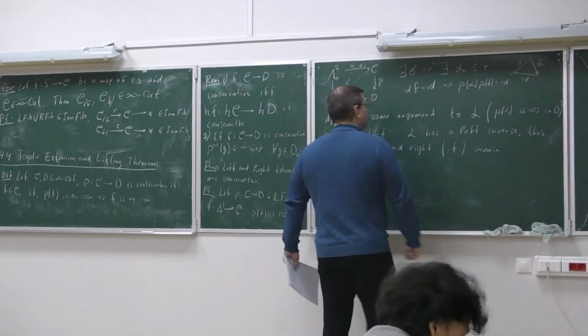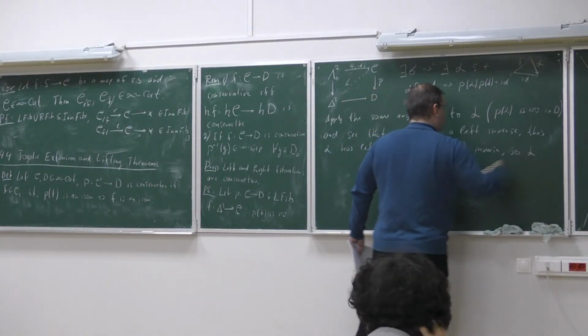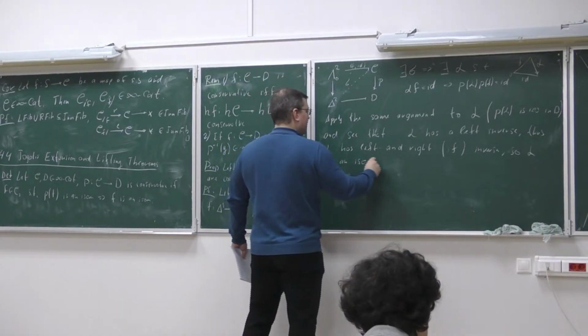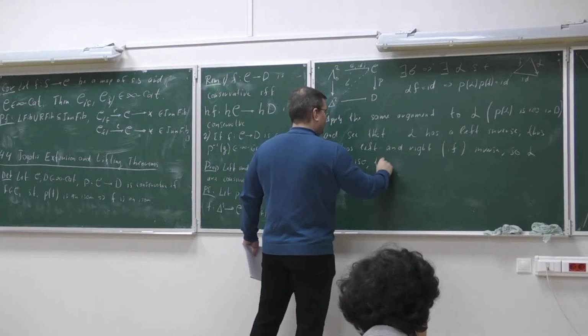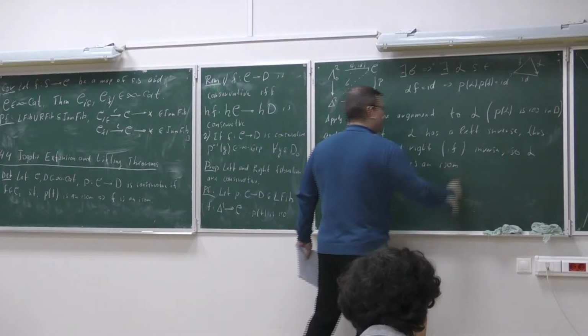By associativity they coincide. So alpha is an isomorphism, and thus f is an isomorphism. That's the logic.